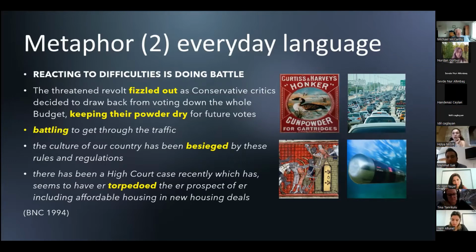So what have we got? Yes, we've got salience, with low frequency words, fizzled out. It's quite a low frequency word. Keeping their powder dry, I would classify this simply as an idiom. It's an idiom because it is a frozen form. You can't change it in any way. It has all the qualities of an idiomatic expression.